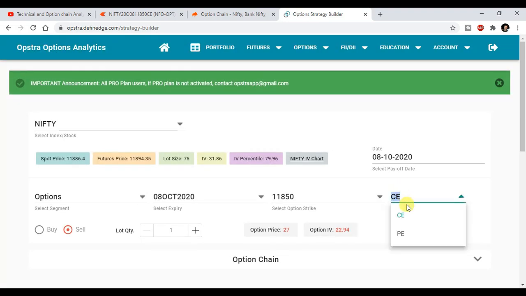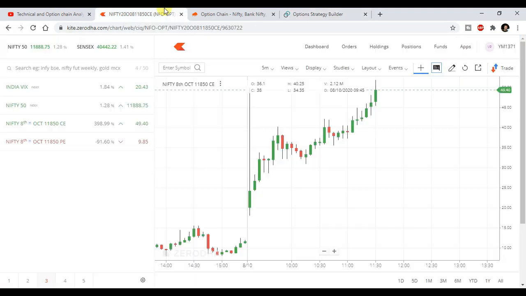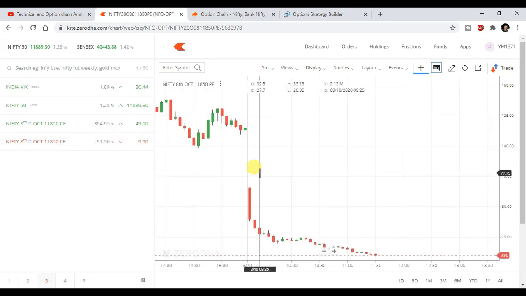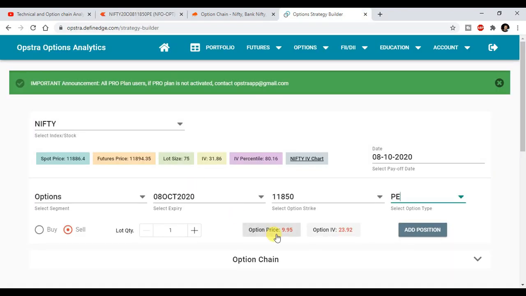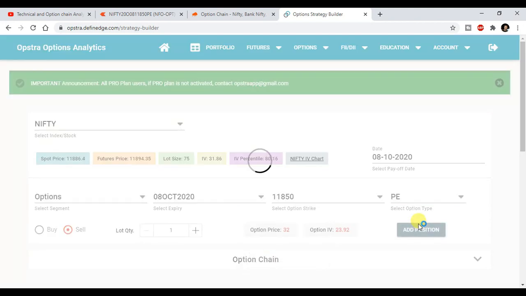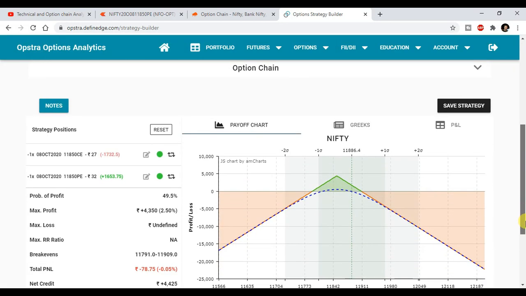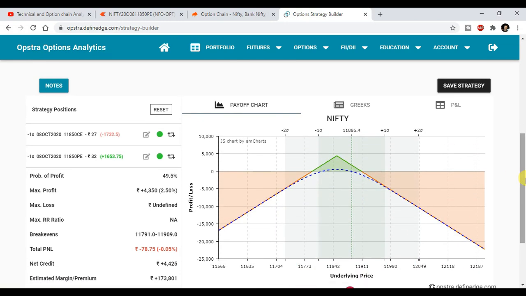In the same way, we have sold the PE at the strike price at a premium of 32. Let me add the position. As you can see over here, we got a graph of this short straddle strategy.